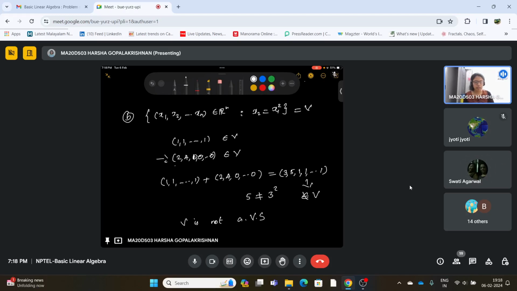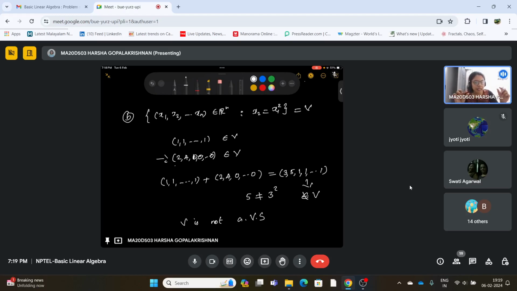So one thing very easily to examine: even before checking with 2 elements by trial and error, in this set we have one idea, x2 equal to x1 square. This is a kind of quadratic term coming. In a vector space, everything is linear, so some kind of linearity should be there.